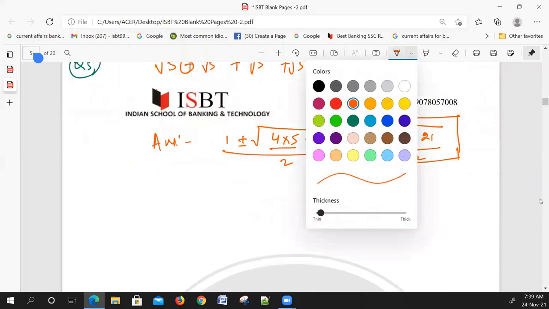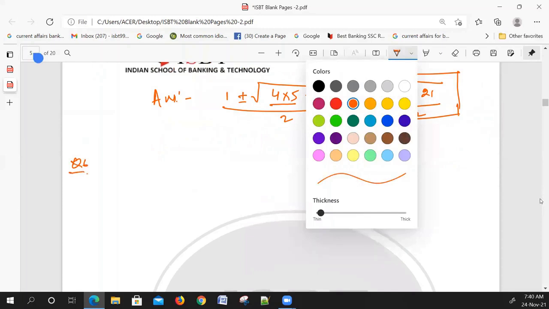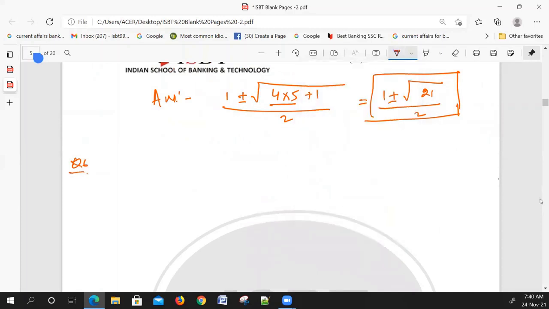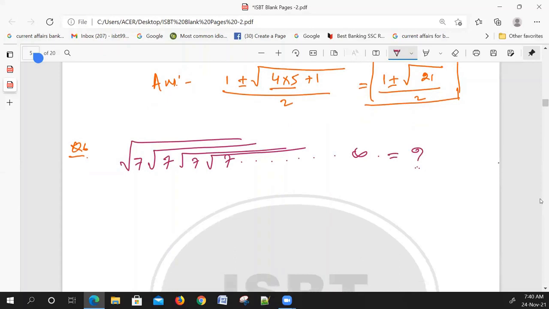Question number 6. So the question is, root 7 into root 7 under root of 7 under root of 7, like this continuing up to infinite. What is the value?